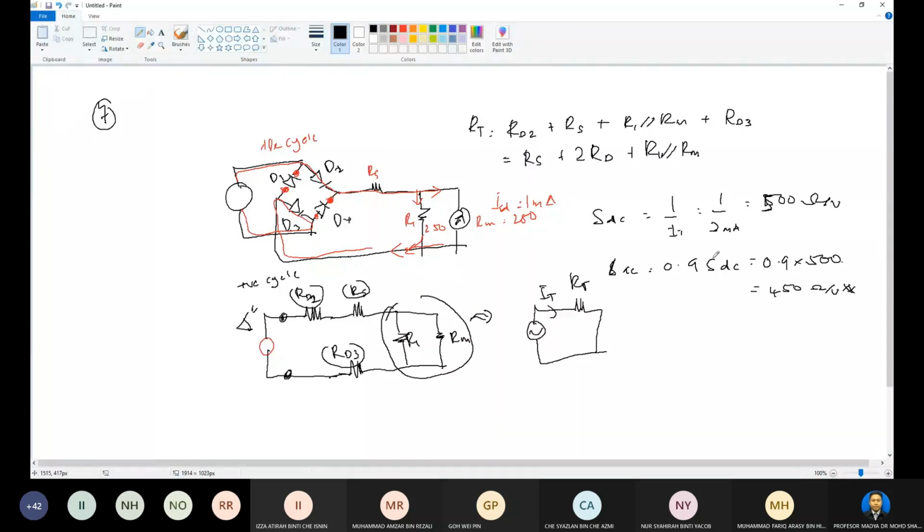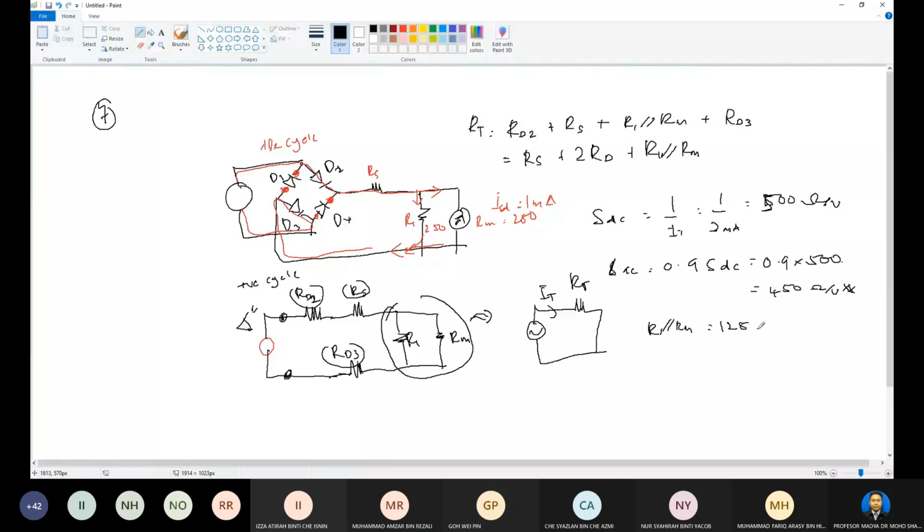Next we have to calculate the RS. First we have to calculate the RT. First we calculate R1 in parallel with RM, and the answer, similar to before, is 120.